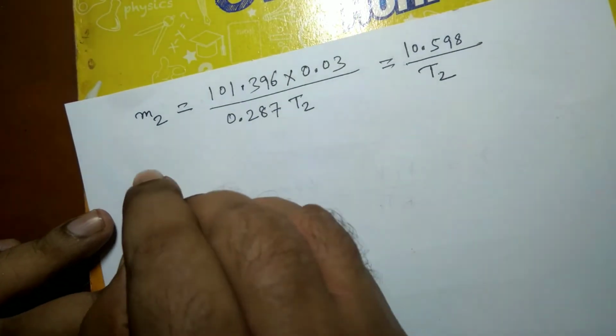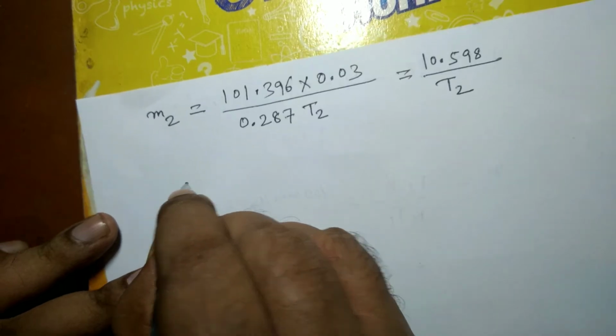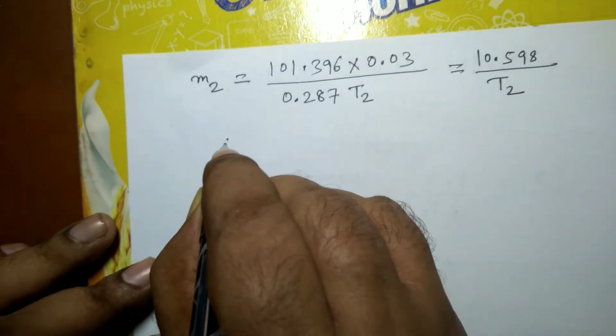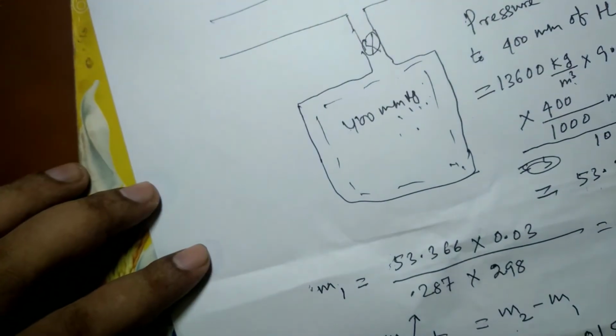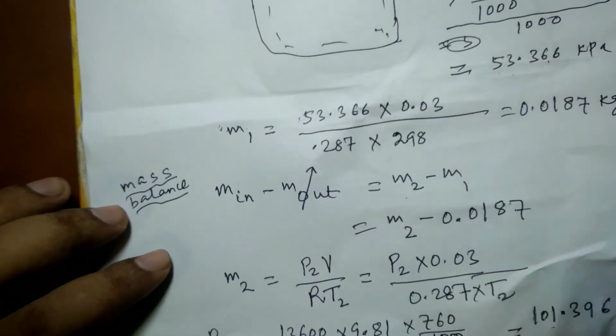Now the mass balance equation is M in minus M out is equal to M2 minus M1.